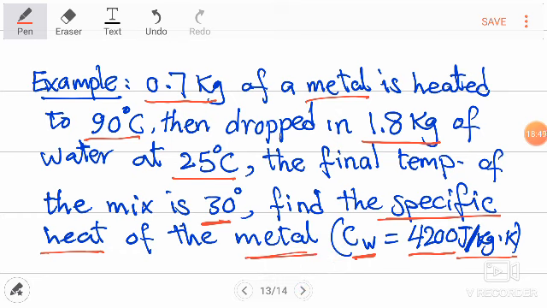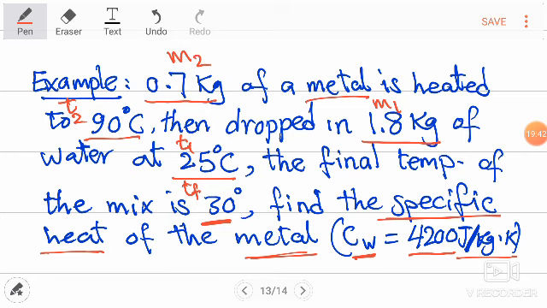So, 0.7 kilogram of a metal, M2, is heated to 90 degrees Celsius, T2, then dropped in 1.8 kilogram of water, M1, at 25 degrees Celsius, T1, as it is the cold object. The final temperature is 30, TF.